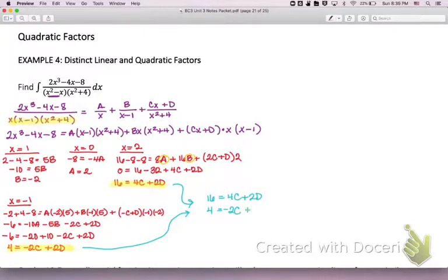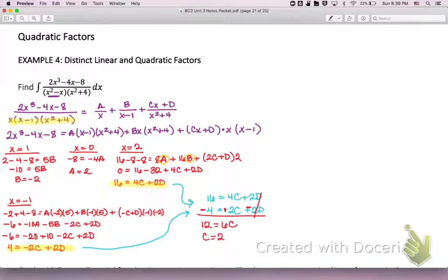Plus 2d. Now, if I go through and multiply the bottom equation by -1, now I can add them together and I get 12 equals 6c. These zero out. So I get that c is equal to 2.